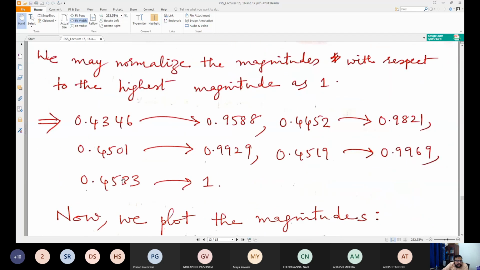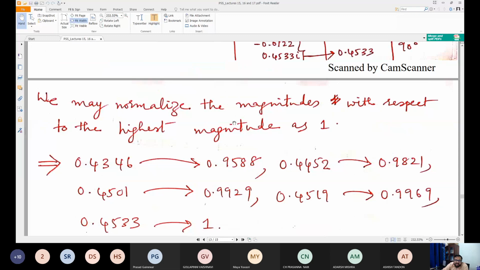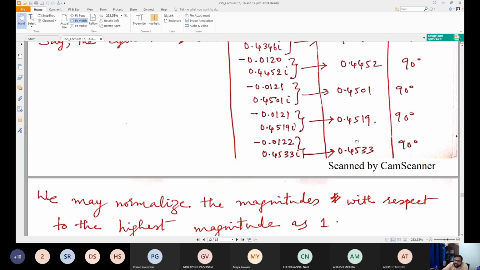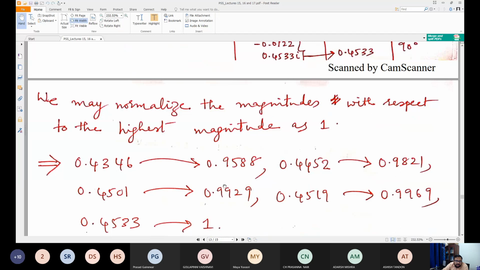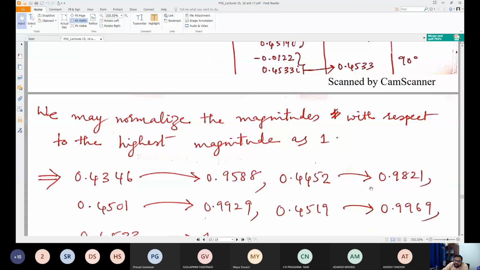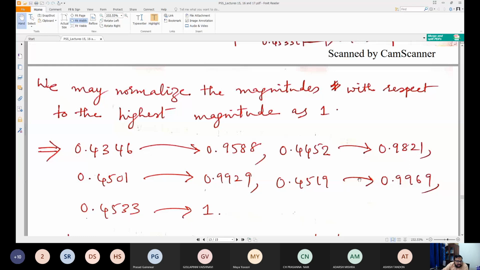So that is what we are doing. This 0.4346 is considered as 0.9588 because 0.4533 is considered as 1. Similarly, for all these values we are normalizing, and the highest magnitude is considered as 1.